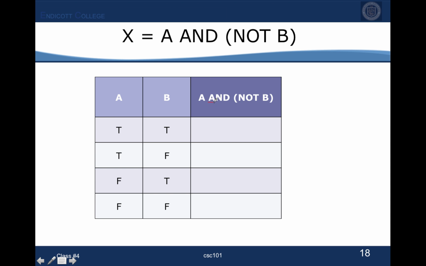I've got the AND operator, which says your expression is true if both sides are true. So remember, the AND operator says your whole sentence or statement here is true if both sides are true.